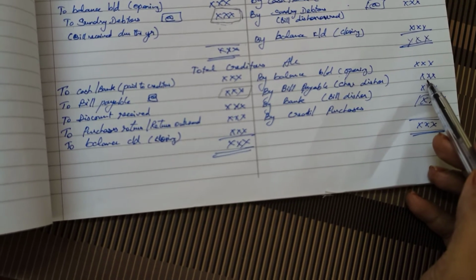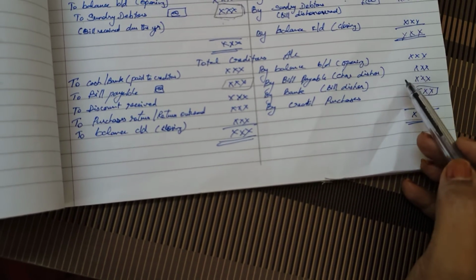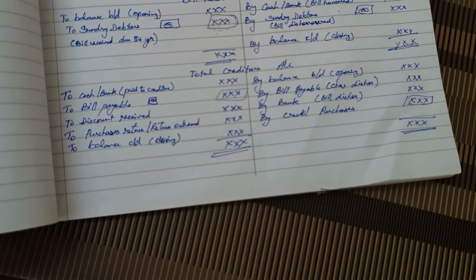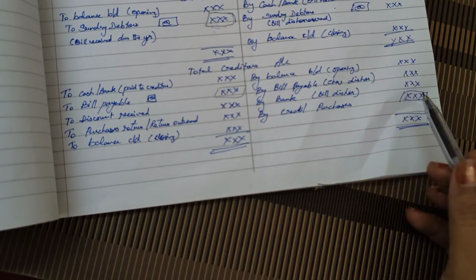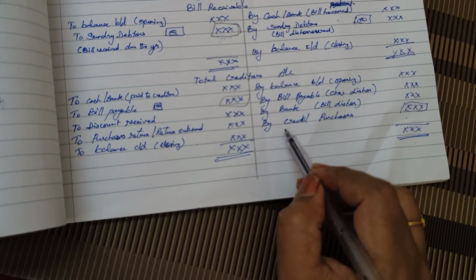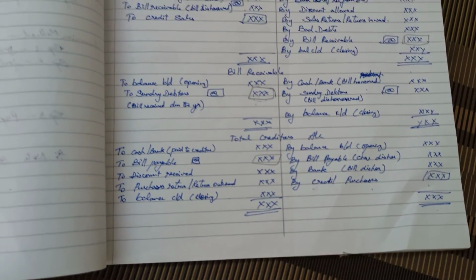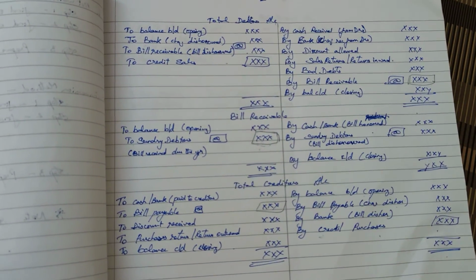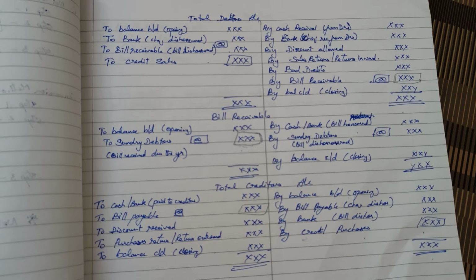Sometimes if any cheque or any bill is dishonored, that also will come here. Otherwise just ignore these two, mostly it won't be there. Then find out the balancing figure, that is going to be your credit purchase.